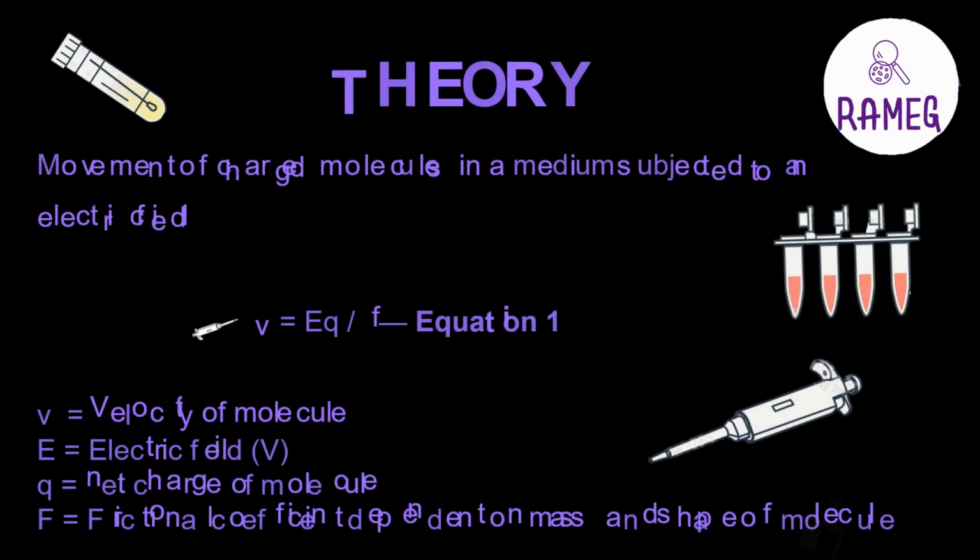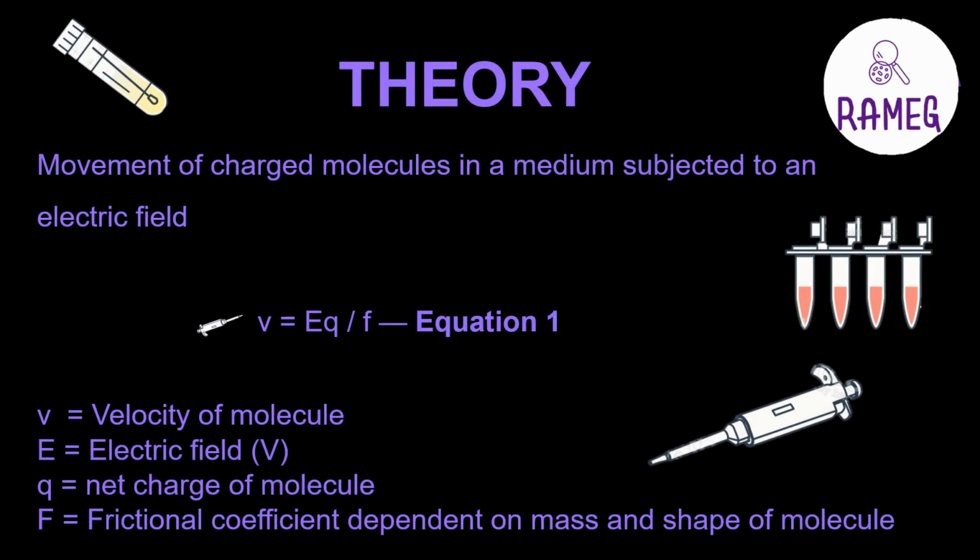Moving on to the theory of electrophoresis, it is basically dependent upon the movement of charged molecules in a medium subjected to an electric field, and this is denoted by V, which is the velocity of the molecule. It explains the rate of the distance traveled by the charged molecule.